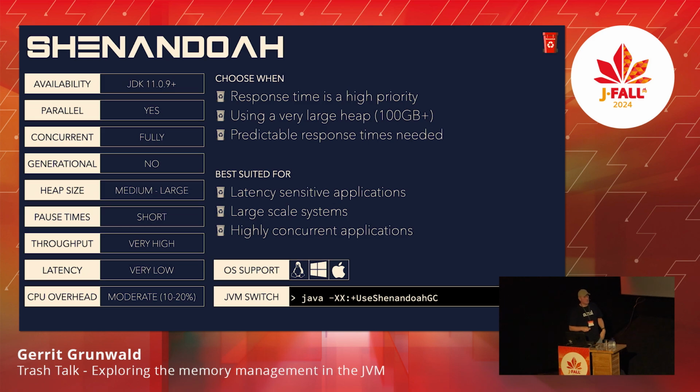The reason is, if you do concurrent garbage collection, let's say you have 10 threads available for your application. If you do stop the world, then you stop the world, you use maybe all 10 for garbage collection, you continue. If you use concurrent garbage collection, that means you have maybe 10 threads, but 2 of them will be used all the time for garbage collection. You effectively just have 8 threads for your application.